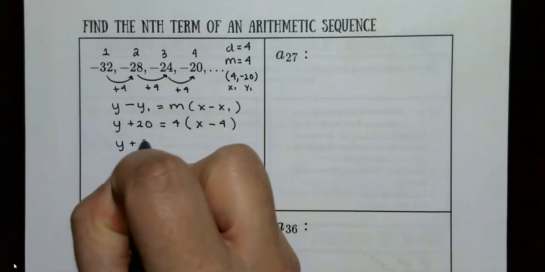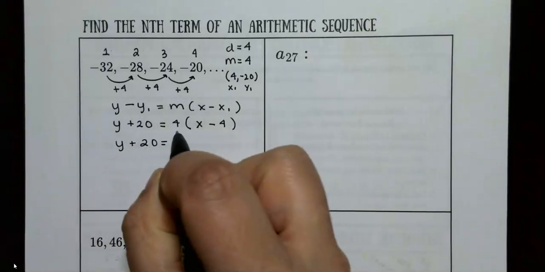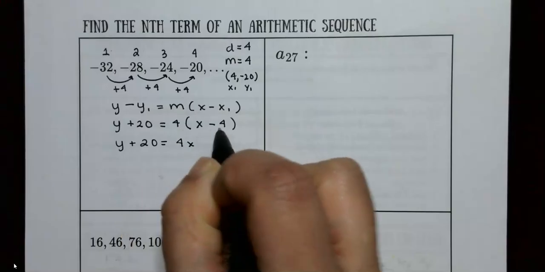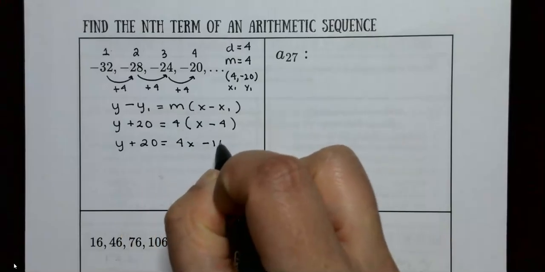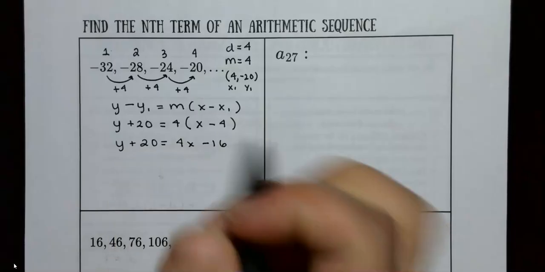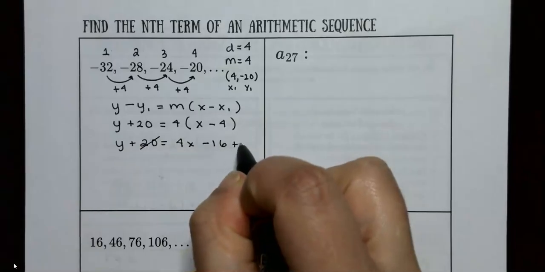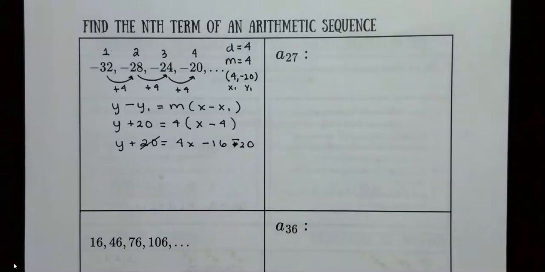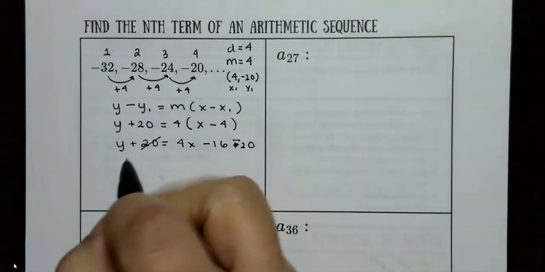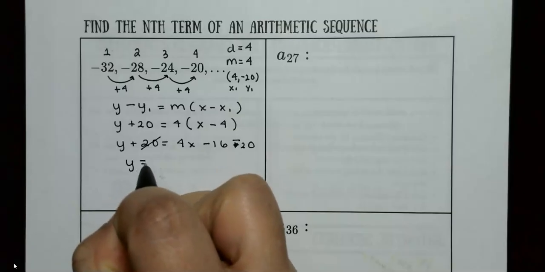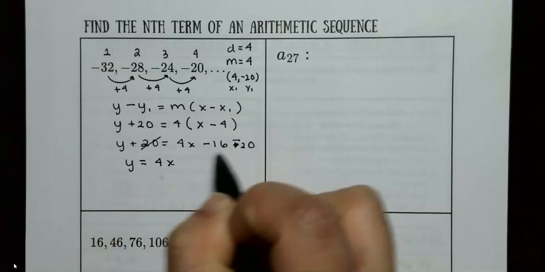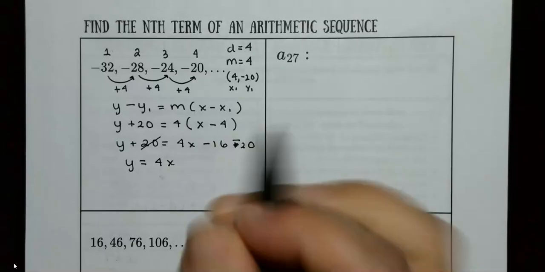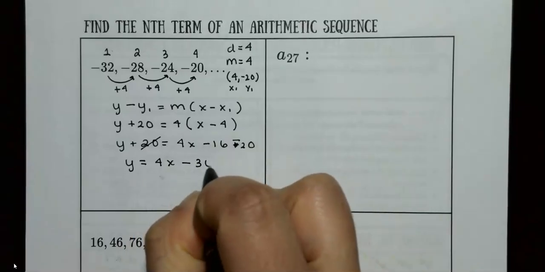So let's distribute first. 4 times x is 4x. 4 times a -4 is a -16. That is a positive 20, so we're going to subtract it from both sides. From here, we have the equation y is equal to 4x, and because both of these are negative, it's going to be a -36.